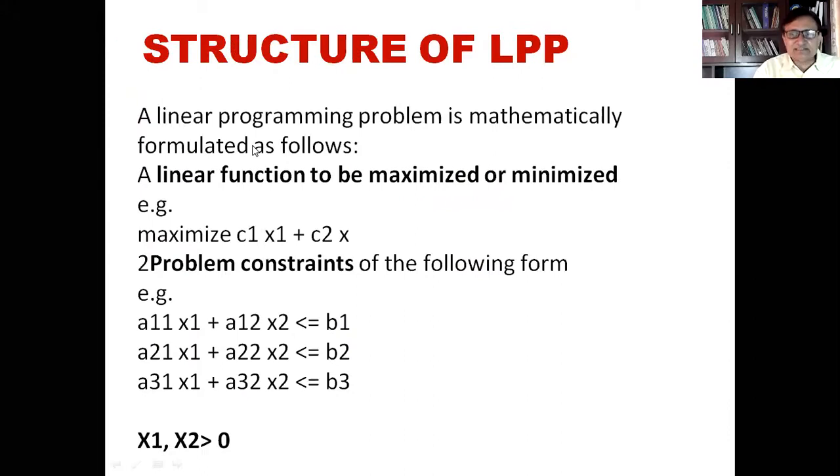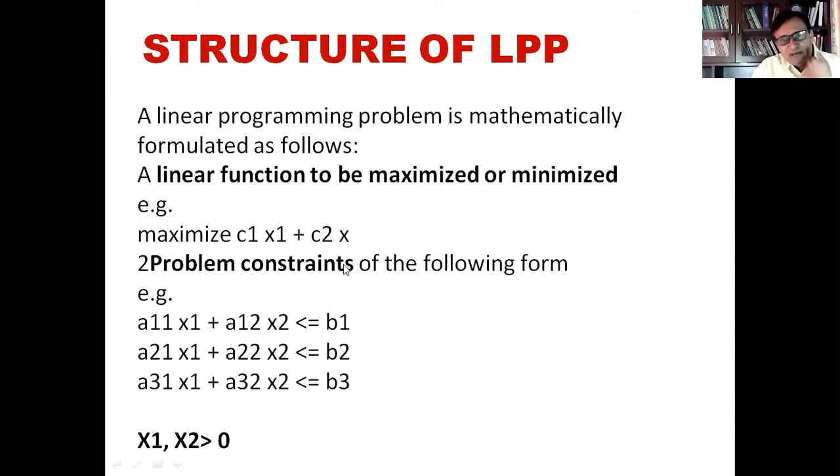Now let's see the structure of linear programming in the problem format. A linear programming problem is mathematically formulated as follows. It may be to maximize or minimize. Here we have written maximize C1X1 plus C2X2. It means this organization is producing two products only, X1 and X2.